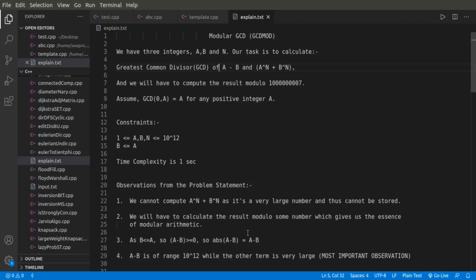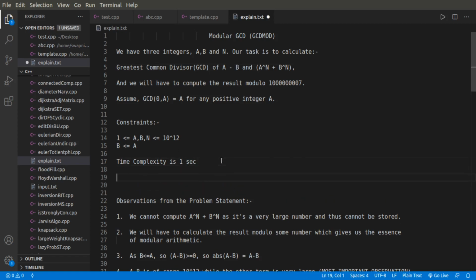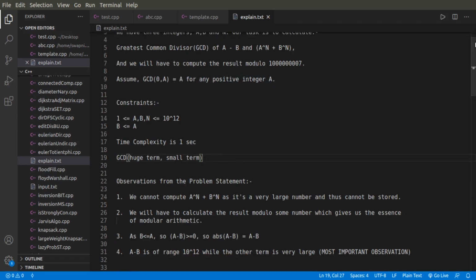So we have two terms in my GCD function, a huge term and a comparatively smaller term, and we need some other approach to solve this problem.